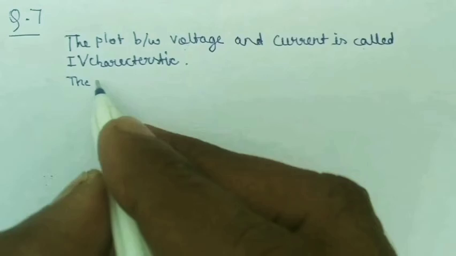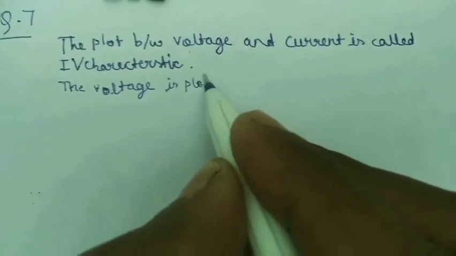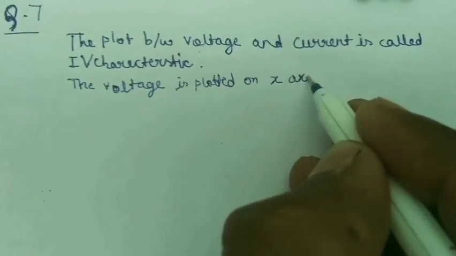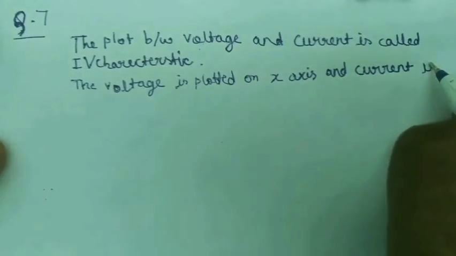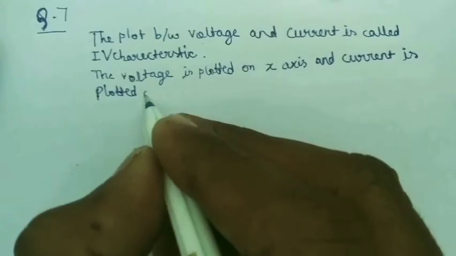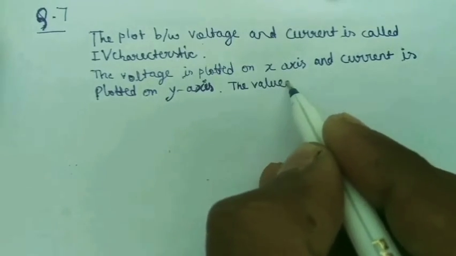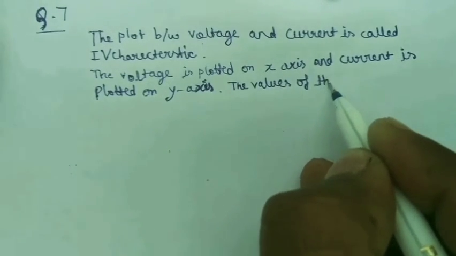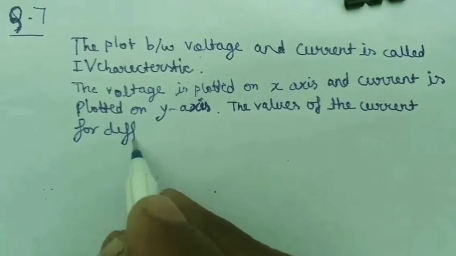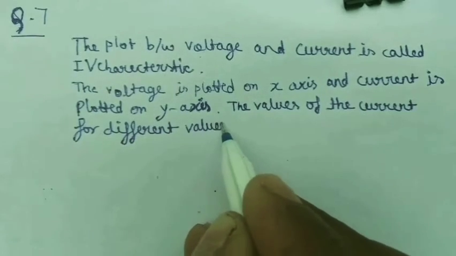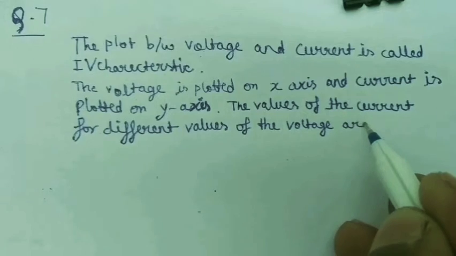The voltage is plotted on x-axis and current is plotted on y-axis. The values of the current for different values of the voltage are shown.